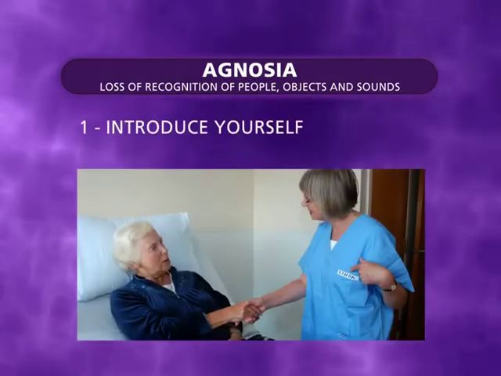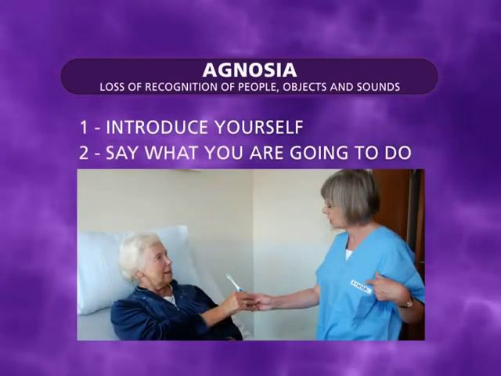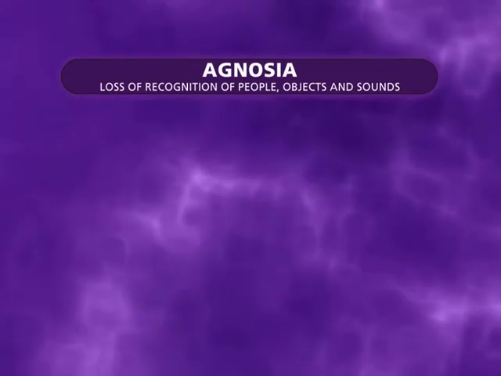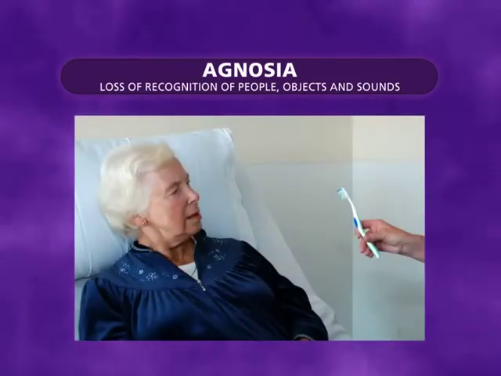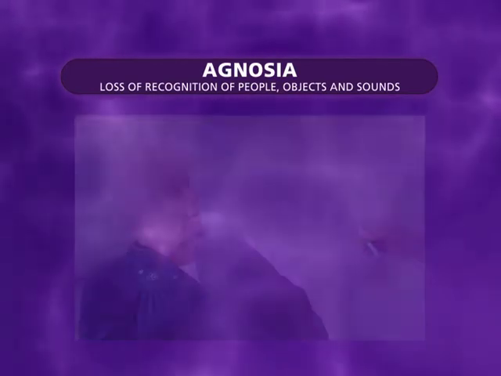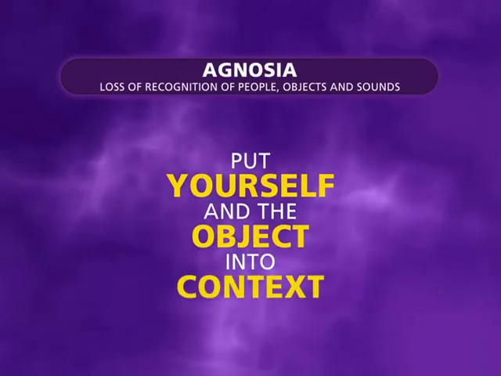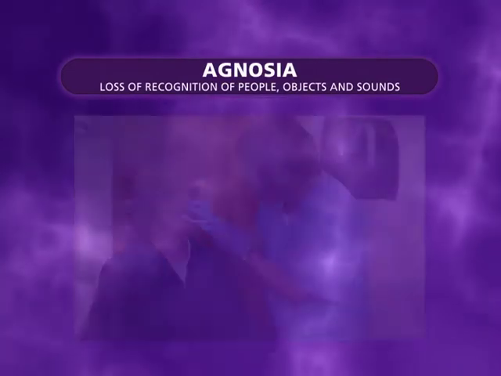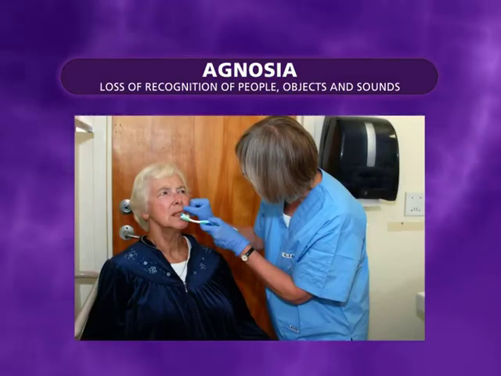It is important to introduce yourself each time you interact with them and tell them what you are there to do. The resident may also struggle to recognize common objects, such as a toothbrush. In this case, it is important to put yourself and the object into context. For example, performing mouth care in the bathroom and running the water.